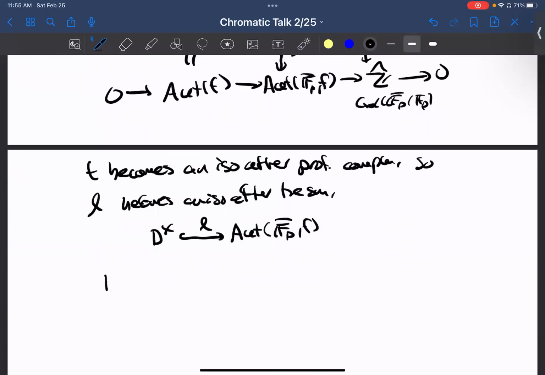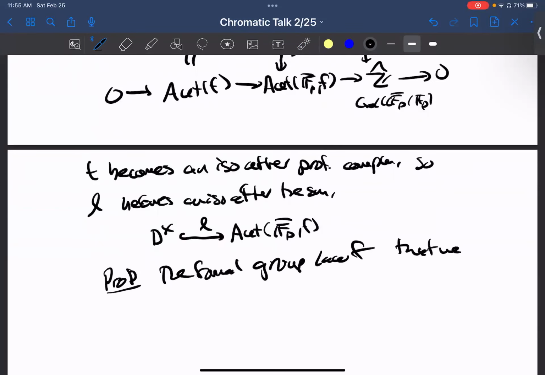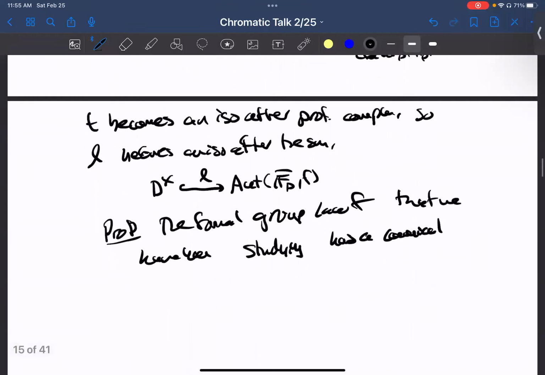So we have at the end that the formal group law F that we have been studying has a canonical form over the field FP to the n.